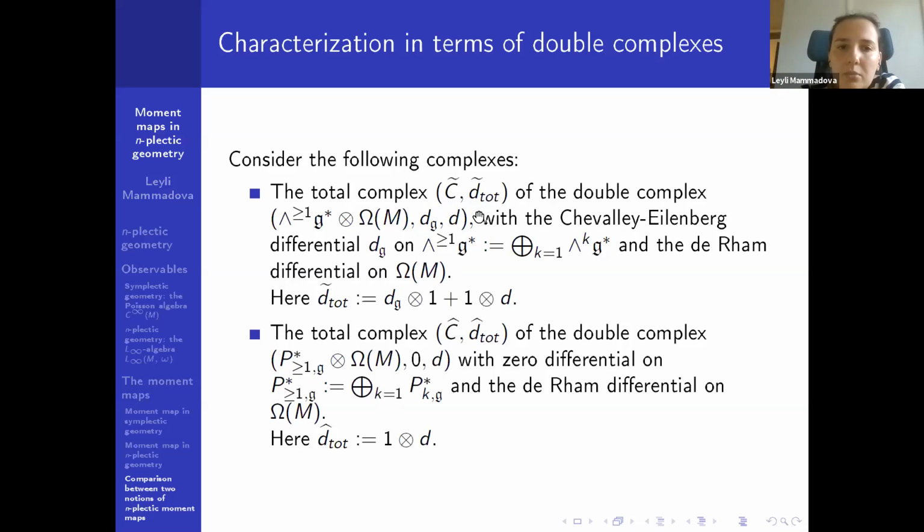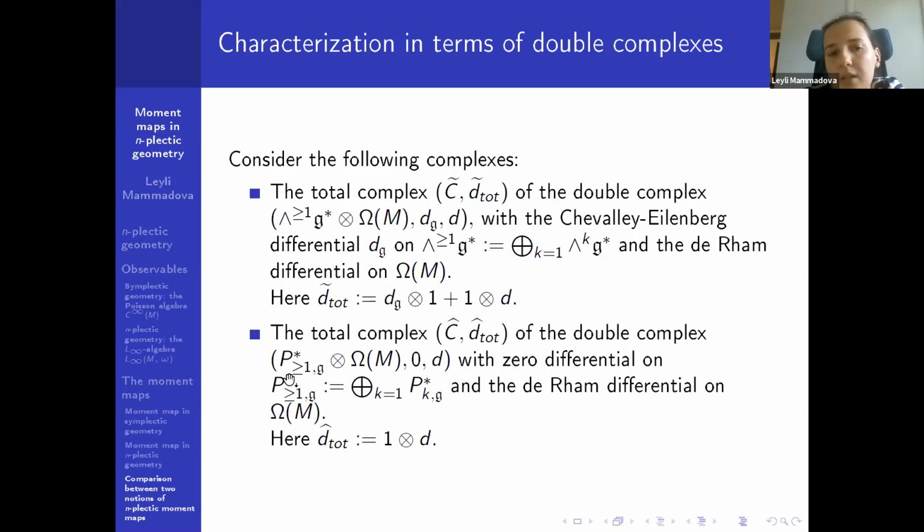We consider two double complexes. The first one is, in air quotes, a tensor product of the Chevalley-Eilenberg complex with the de Rham complex, and we consider the total complex of that.